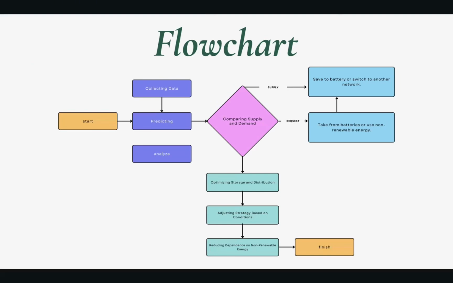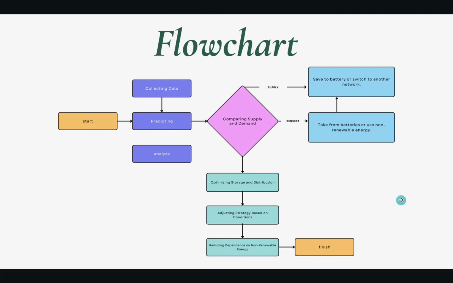If the supply exceeds the demand, we store the excess energy in batteries or switch to another network to prevent waste. And if the demand exceeds the supply, we can take energy from stored batteries or, as a last resort, use non-renewable energy sources.